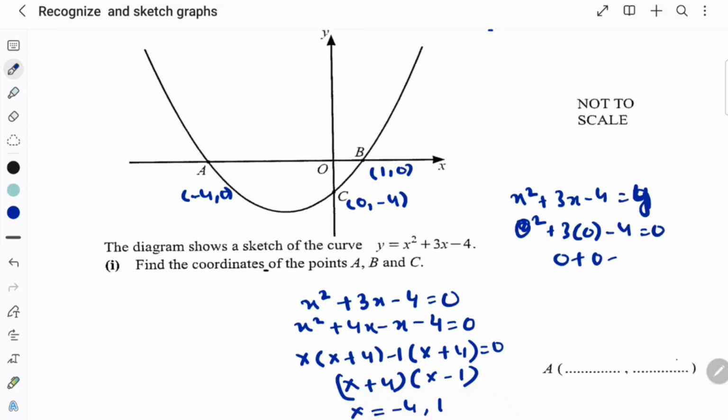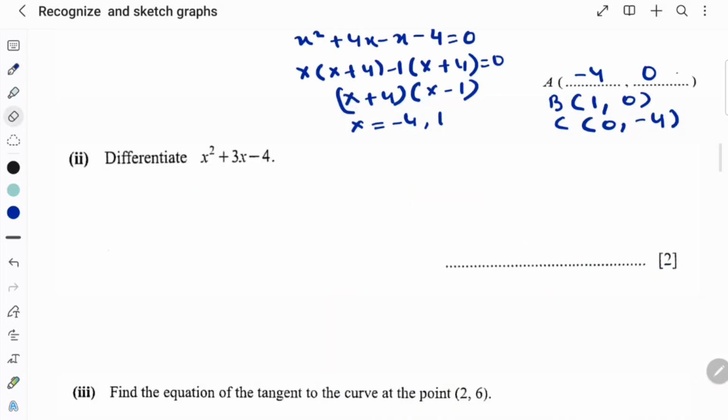So 0 plus 0 minus 4 is equal to y, then y is equal to minus 4 for the coordinate c. So a is minus 4 comma 0, b is 1 comma 0 and c is 0 comma minus 4. This way you can find the coordinates for x and y intercepts.